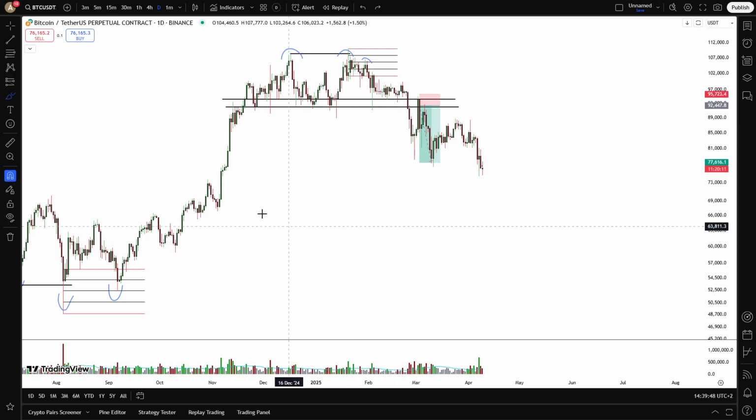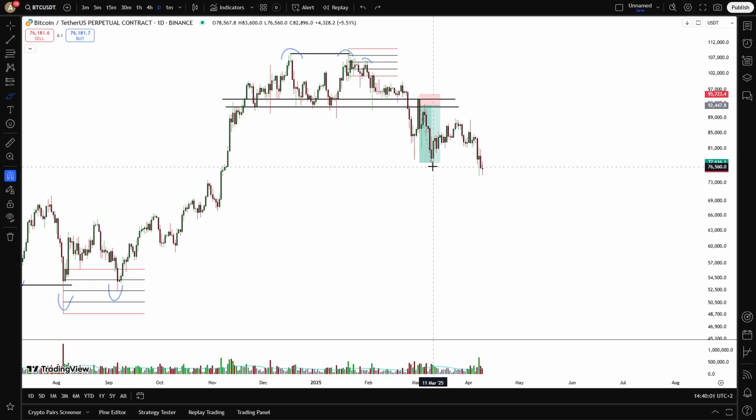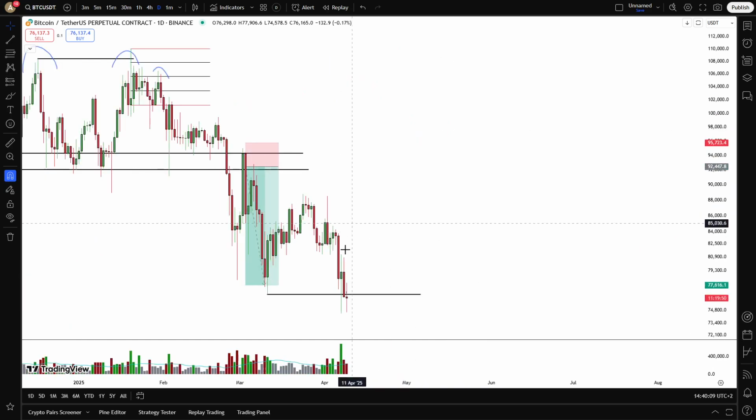This is also, I think, something Factor spoke about: the difference between a sweep and a break. When you have your wick, like here, will this be a break or will this be a sweep? Well, we will find out really quickly, because it simply needs to reclaim this level. And if it doesn't, this is a break.